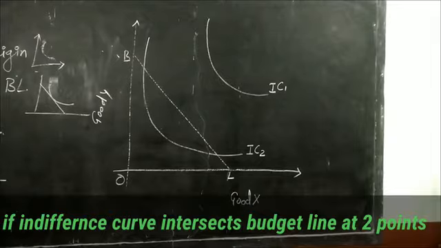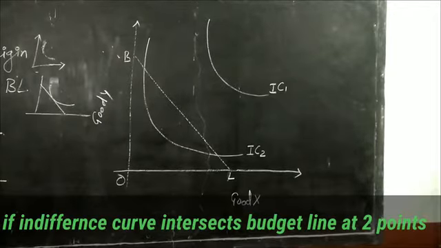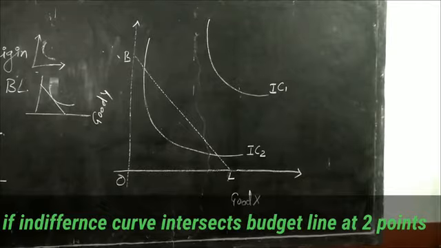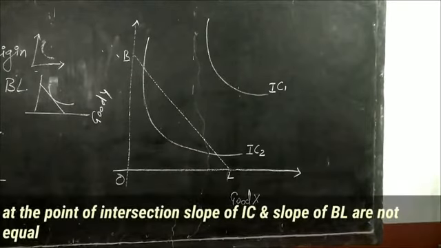The next condition is with IC2, and assume that there is IC2 and BL, that is the budget line.